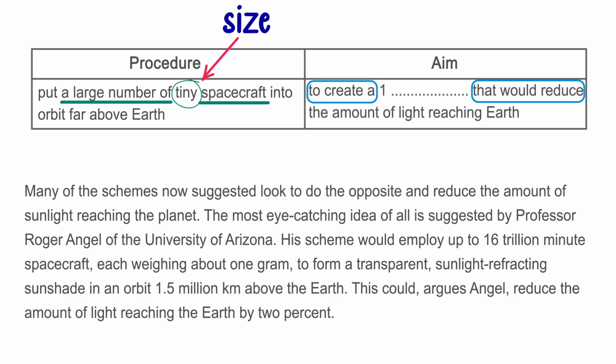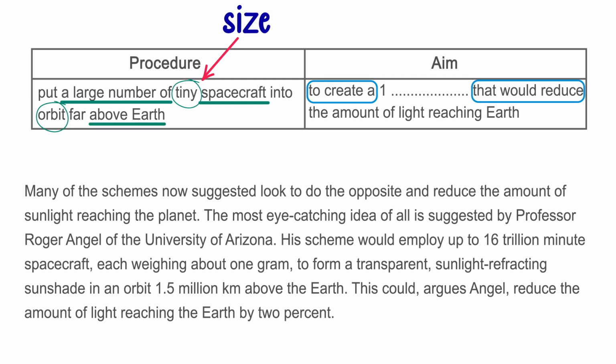But remember, not the exact word is used in the text. So instead of tiny, maybe another word is used. So be careful. Tiny spacecraft into orbit far above Earth. So try to find these words: spacecraft, tiny, a large number, orbit, and above Earth.